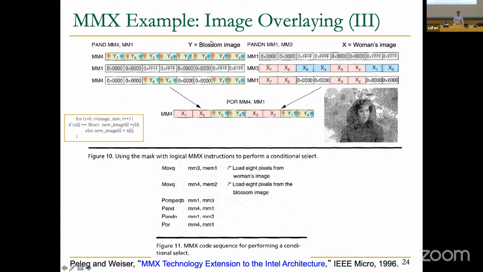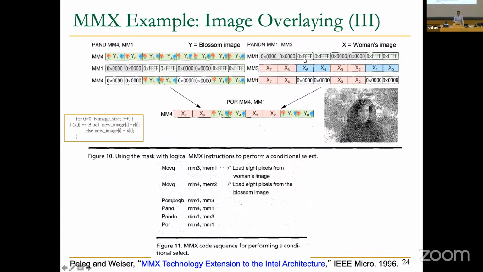Basically, you take the blossom image, 8 pixels at a time again, and then you AND it with the mask, and then you get a result. And this is a partial image that contains the pixels that are blossom, as you can see. Everything else is zeros.